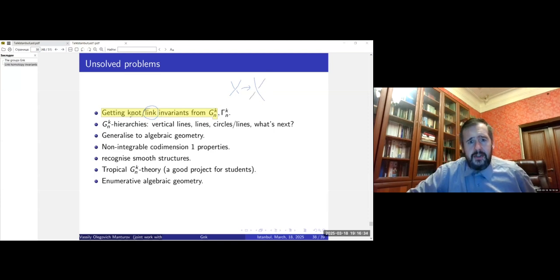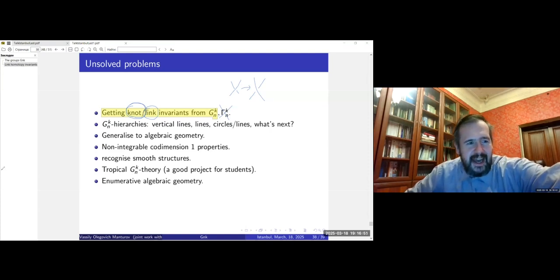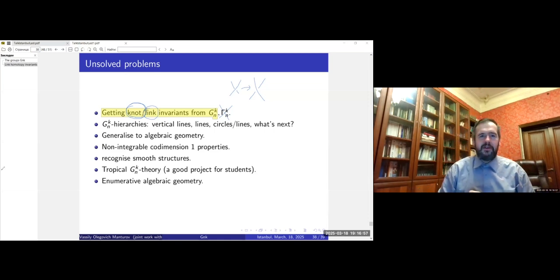Also, as for virtual knot diagrams, it's still an ongoing project. And here, some group gamma and k is mentioned. You can forget about that, but there are some other tricks, some other fancy groups, and again, lots of nice fundamental groups of configuration spaces can be mapped to gamma and k.